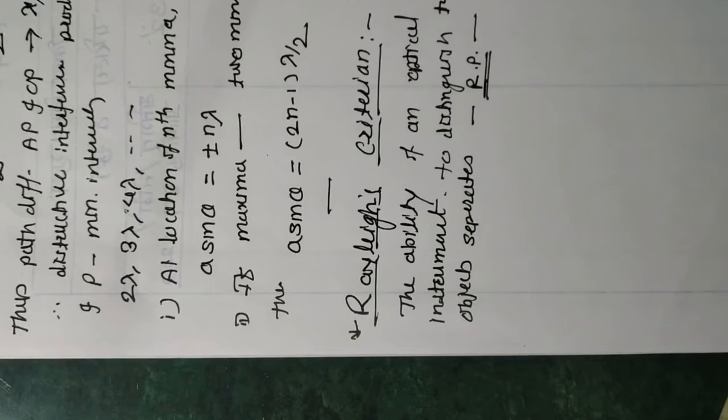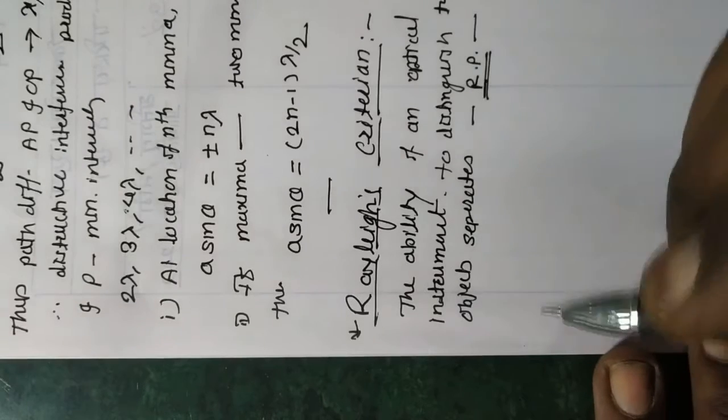The ability of an optical instrument to distinguish two physically separated objects as two distinct objects is called the resolving power of the optical instrument.